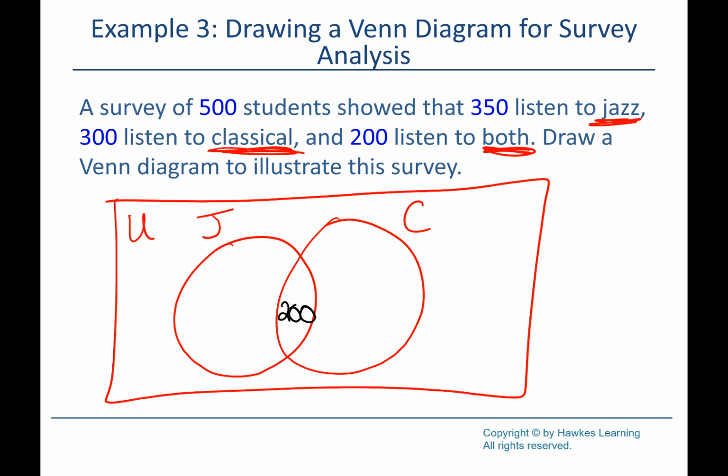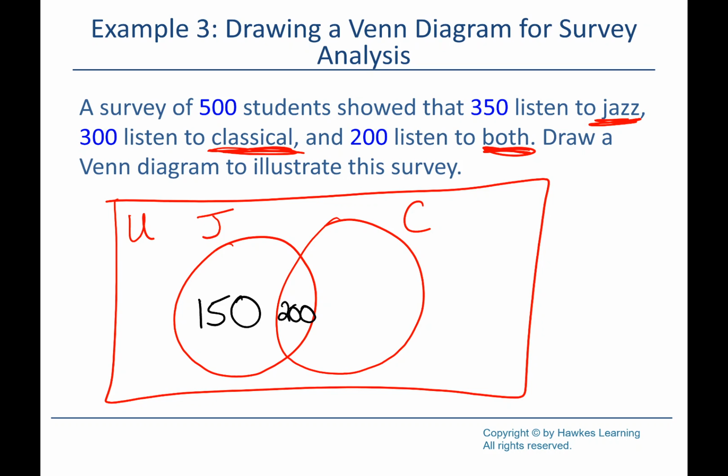Well, we've already got 200 in here. So to figure out how many go in just the J part, we just subtract. 350 in the jazz circle minus 200 leaves us 150 up here. That is kind of tricky to think about to start with.